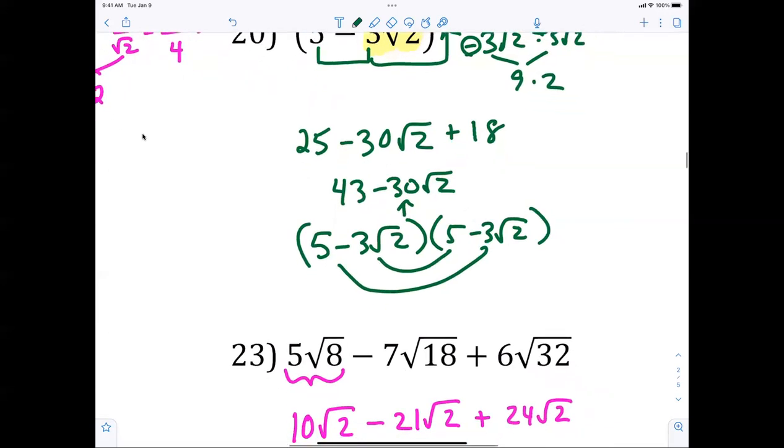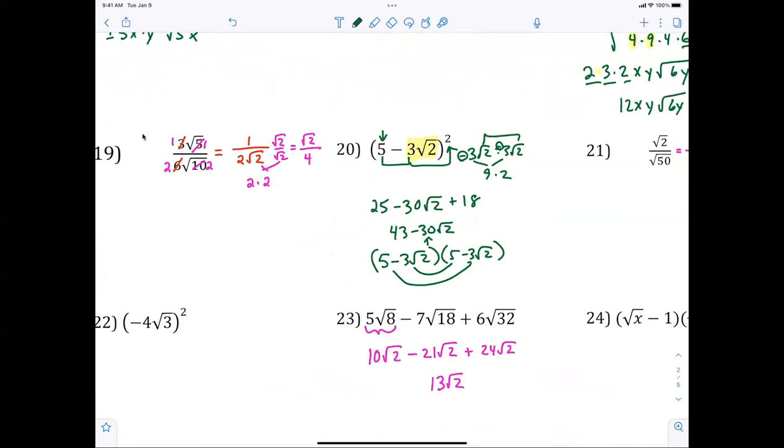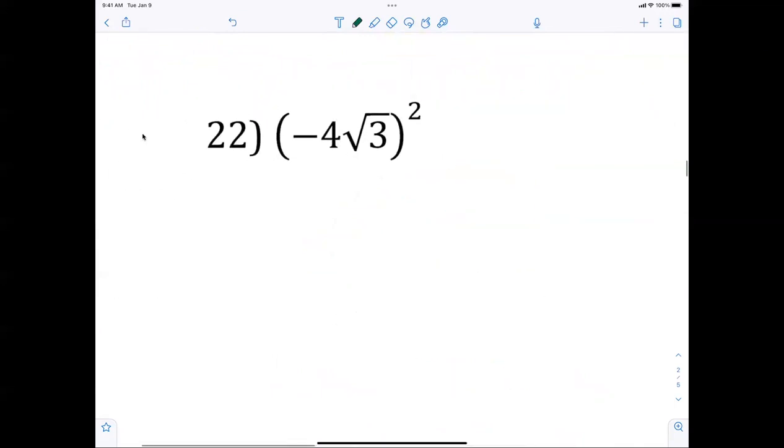All right. Here we go, 22. This is just, can you do the math in your head? Answer to 22 is what? How much? No, not 22. What is it? Stop. Not 16 radical 3. Negative 48. How much? Negative 48. You're almost right.